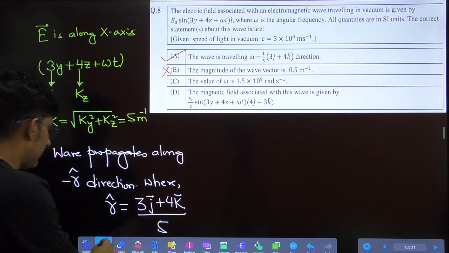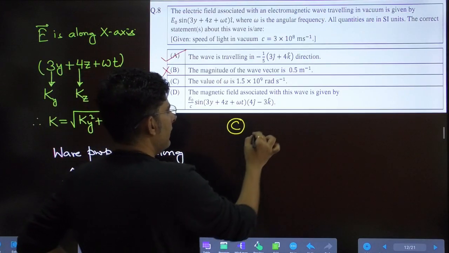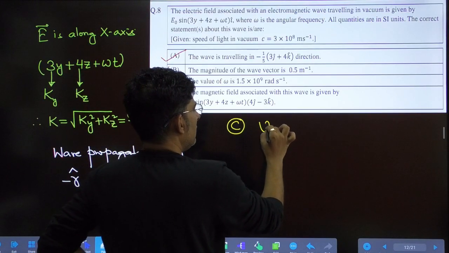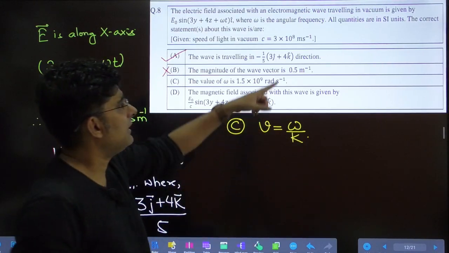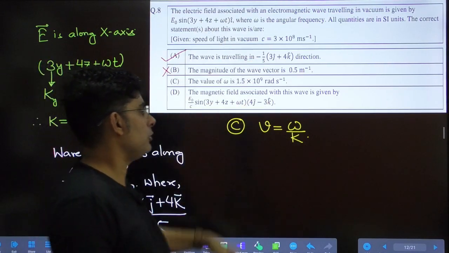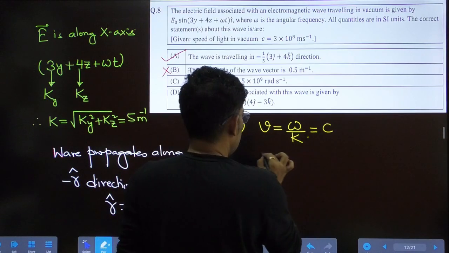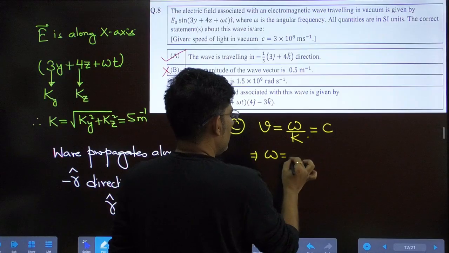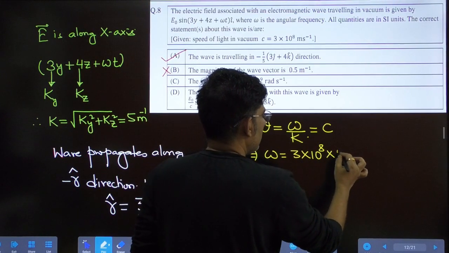Now comes part C. What is part C telling? They are asking omega. So we know that V is equal to omega by k. Since they have said that the electromagnetic wave is traveling in vacuum, V will become C. So omega will be C, whose value we know is 3 into 10 to the power 8, and the K value we found as 5.